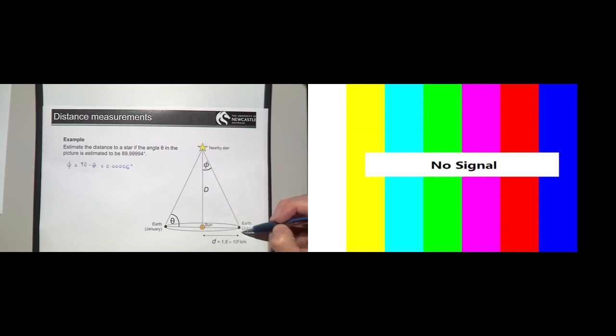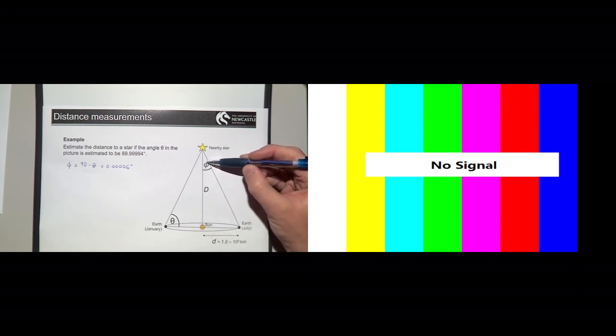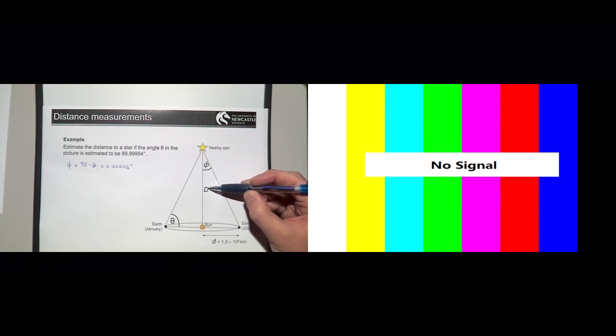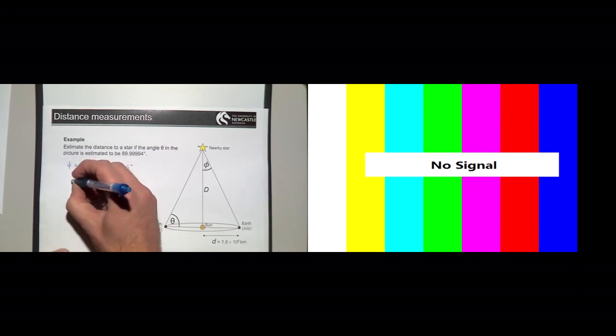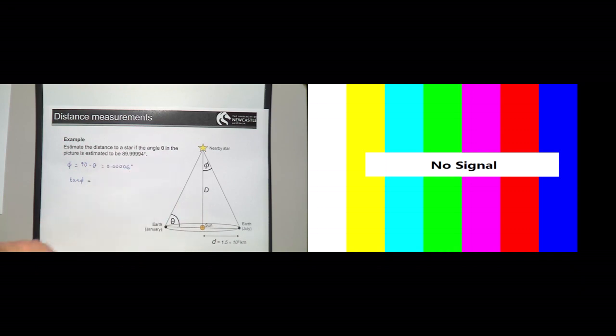So now we've got this right angle triangle with phi and capital D, the thing that we're trying to find, on one side, and lowercase d, which we know, 1.5 times 10 to the 8 kilometers, is roughly the radius of the Earth's orbit. So now we could use tan phi. What's tan phi?